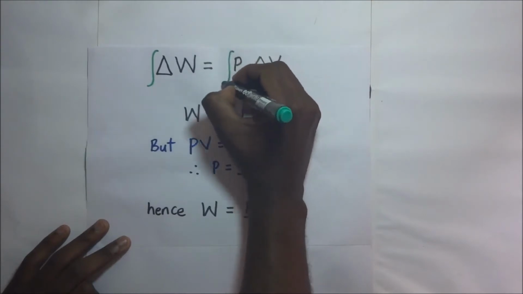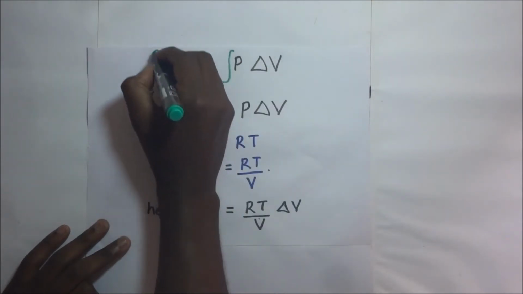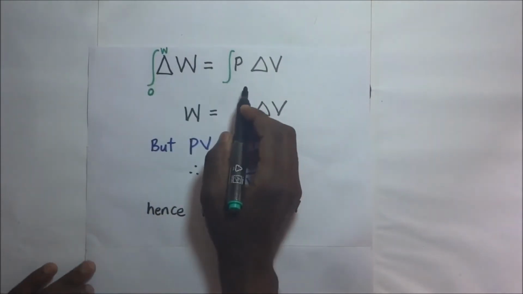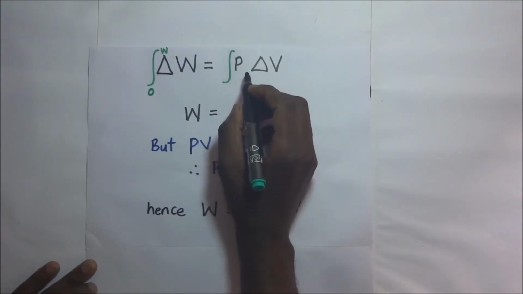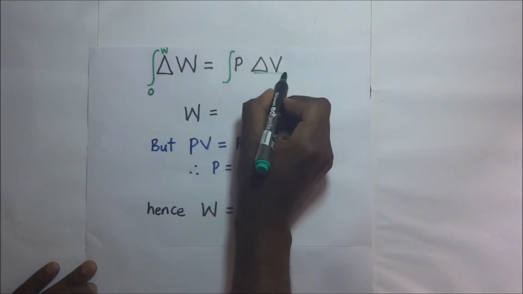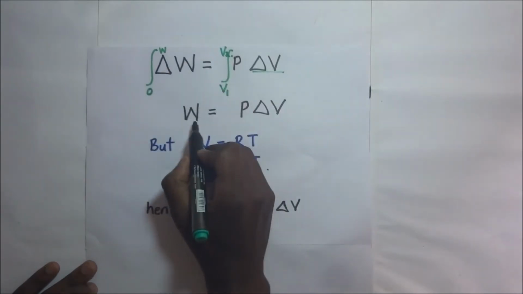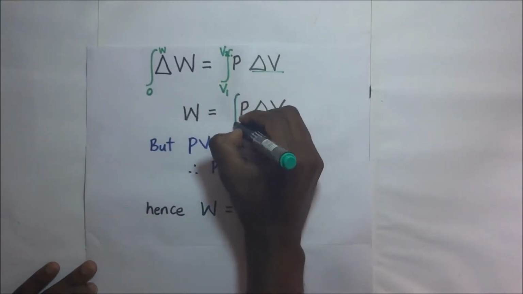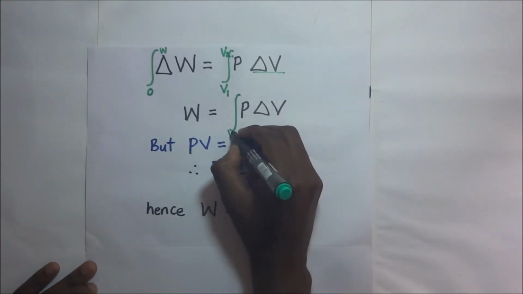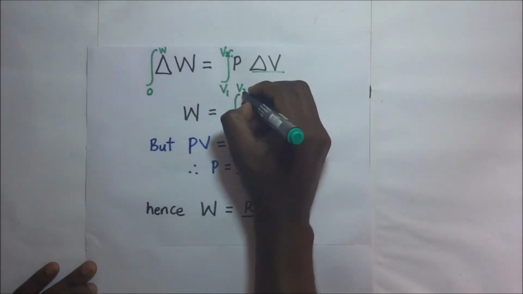When we integrate both sides, this is integrating from 0 to capital W, and this is from V1 to V2, since the volume is changing. We end up with W giving us the integral of PdV from V1 to V2.